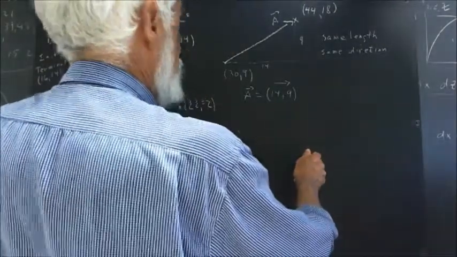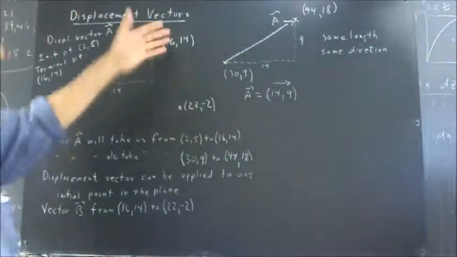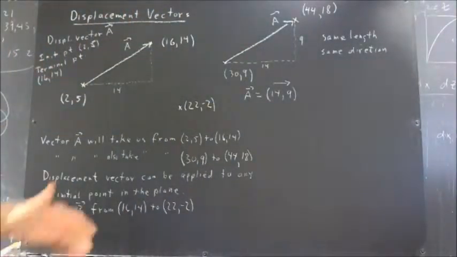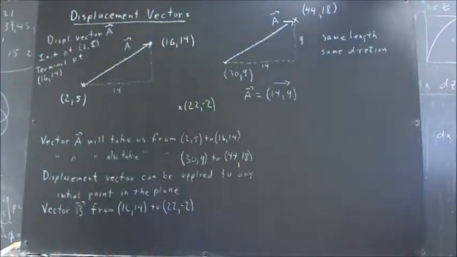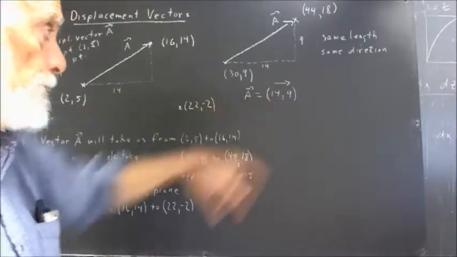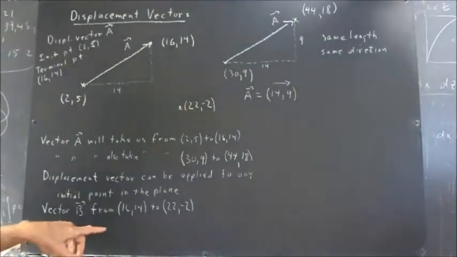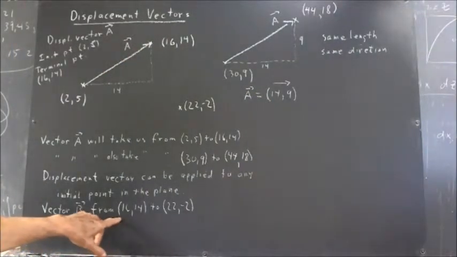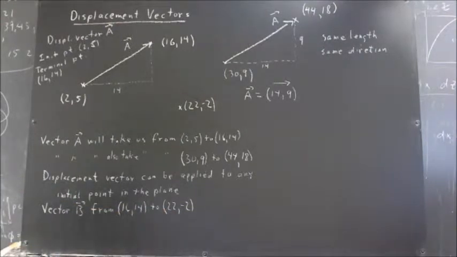If we take a point here, we draw a vector of the same length and direction, and we'll get a terminal point that corresponds to the initial point with a displacement equal to this vector between the 2 points. Okay, so what's the vector B from the point (16, 14) to the point (22, -2)?